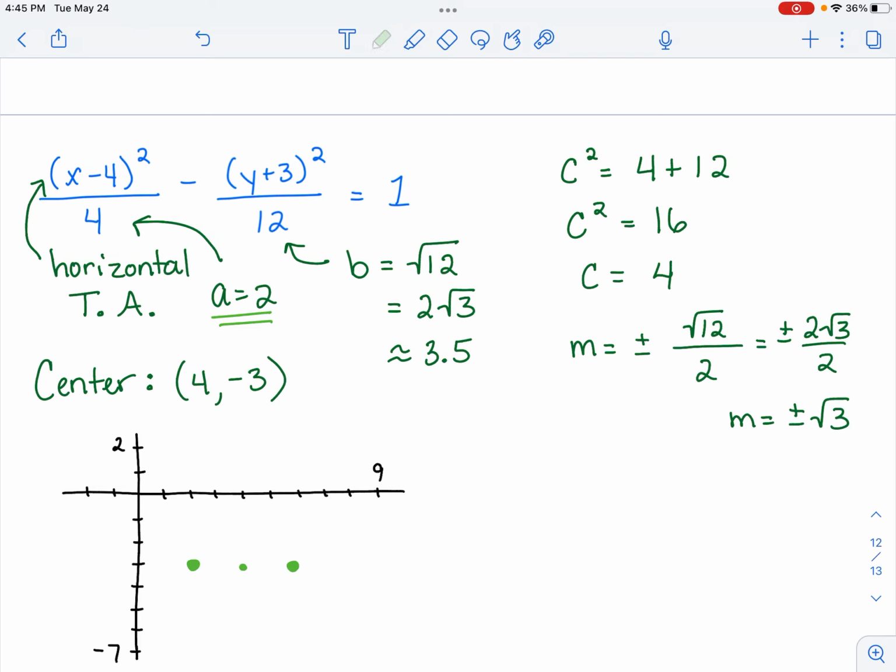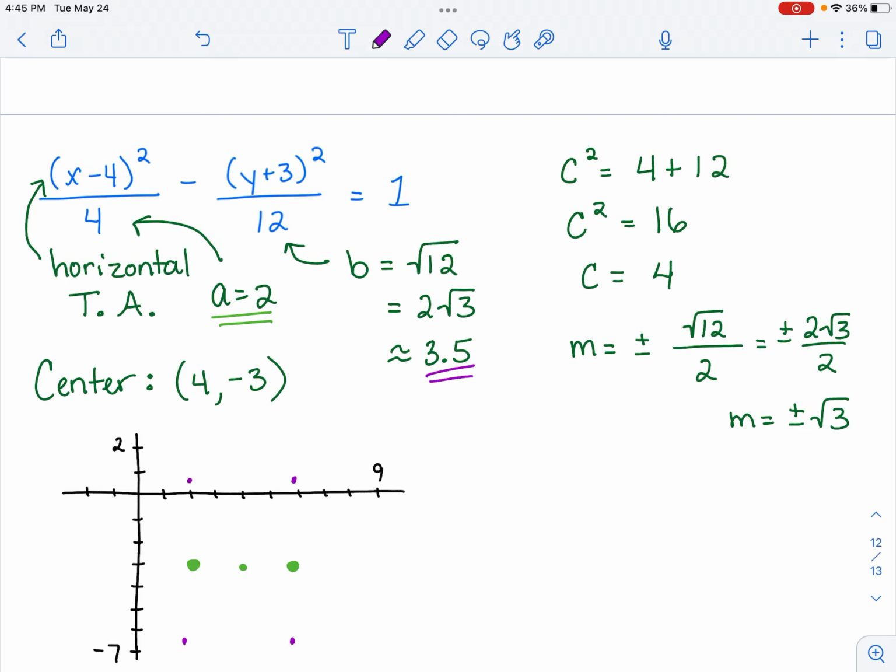All right. And then to make my asymptotes, I need to use the b value, which we said was approximately 3.5. So I'm going to go up 1, 2, 3.5, and down 1, 2, 3.5, and go up 3.5, and down 3.5.